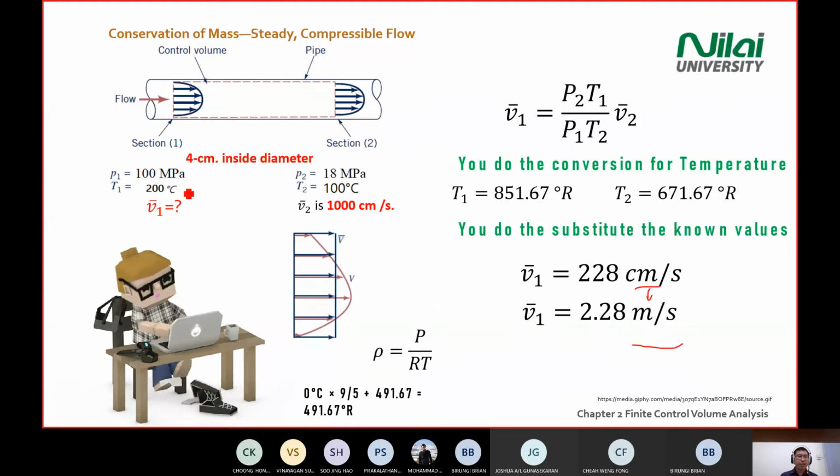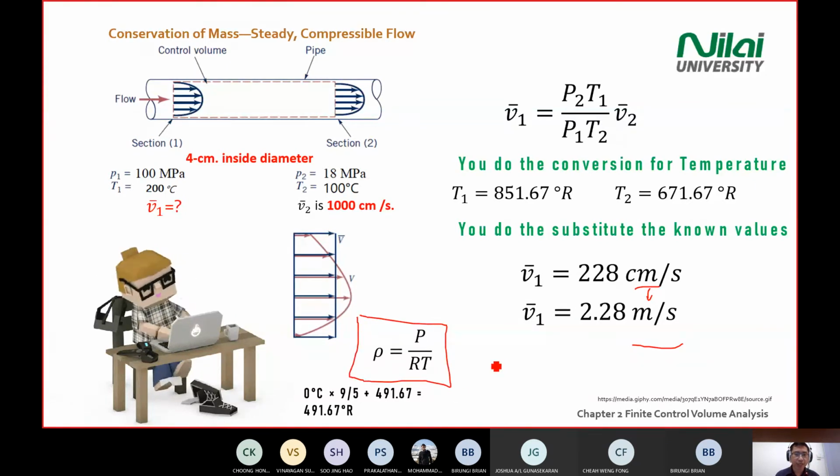So in this one, there's some trap or trick area. One is a unit that is unseen. In this question, you see Celsius. It seems that it's okay to use Celsius, but remember, it gives you some hints that it assumes air as an ideal case, where you use the ideal gas equation.